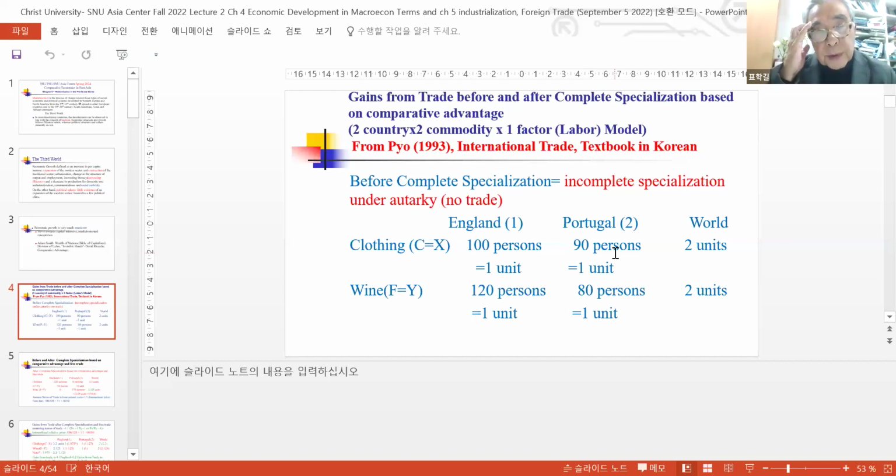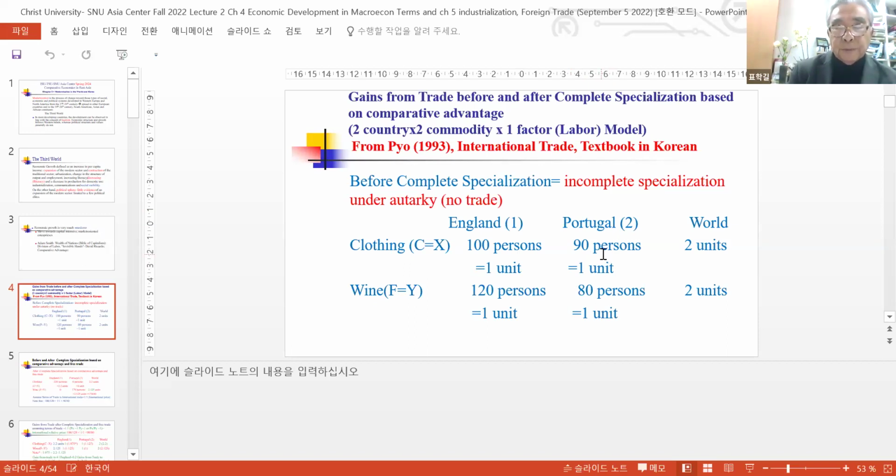So 1 person produces 1 divided by 90th as much clothing. So Portugal's labor productivity of clothing is higher than England's labor productivity. In that case, we say Portugal possesses higher labor productivity.